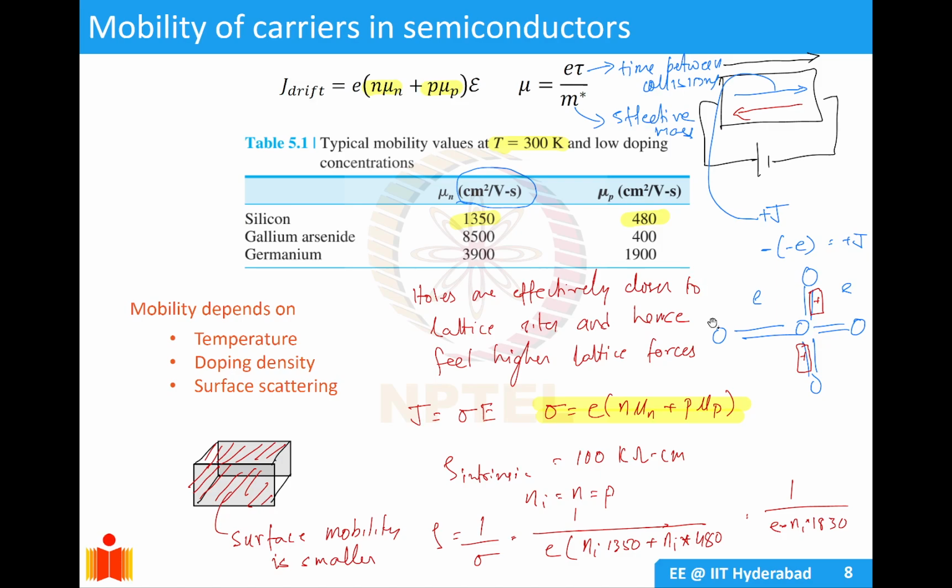So they're colliding more often, hence their collision time reduces, and hence their mobility is also less.